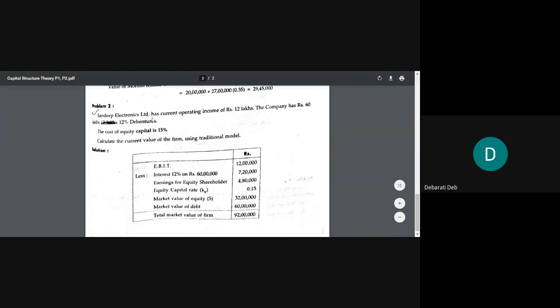That means the debenture value is 60 lakh and 12% is the rate of interest on the loan amount. Then cost of equity capital, that is KE, is mentioned as 15%. So given this information, you need to find out the current value of the firm with the use of the traditional model.